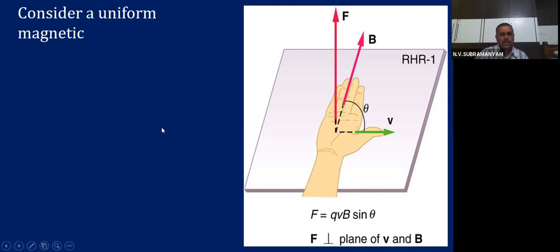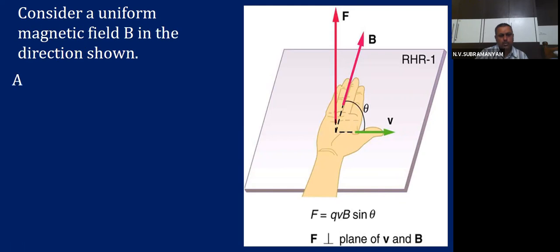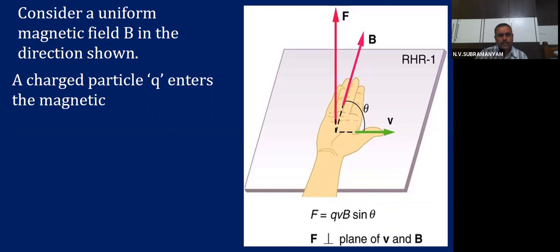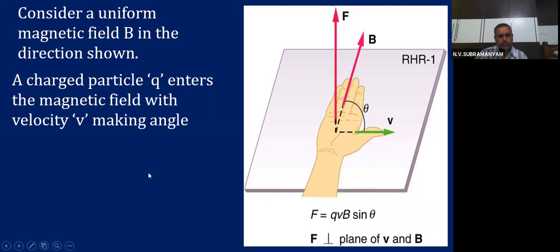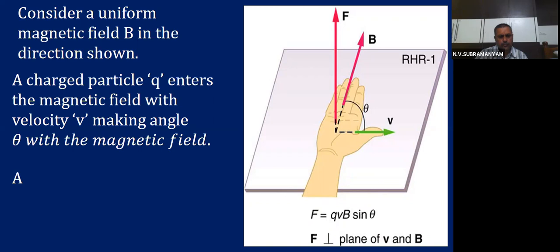So consider a uniform magnetic field B in the direction shown. A charged particle Q enters the magnetic field with velocity V, making an angle theta with the direction of the magnetic field. Then a magnetic force acts on the particle.